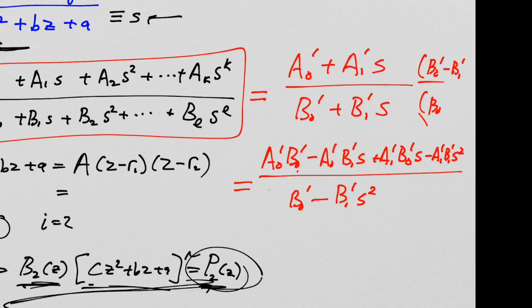You need to multiply by the conjugate of the denominator, B0 prime minus B1 prime S. So I changed this from a plus, which I had accidentally written, to a minus. That's the origin of these minus signs here. The idea of the complex conjugation comes from the fact that S squared is a rational function. So this is going to be rational too, just like i squared would be -1 or something.